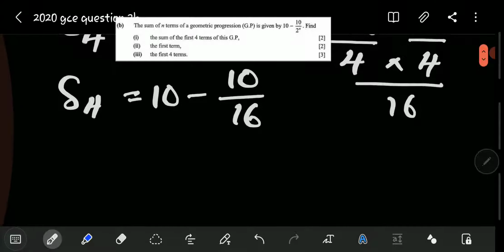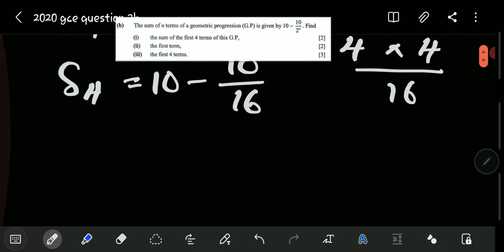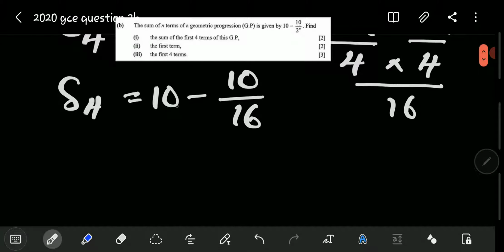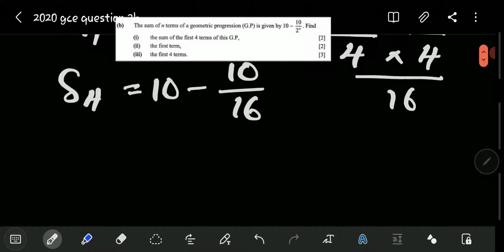Alright, so now that we've reached this part, we now just deal with the fraction, which is 10 minus 10 over 16. So how do we do that? This 10 is 10 over 1.